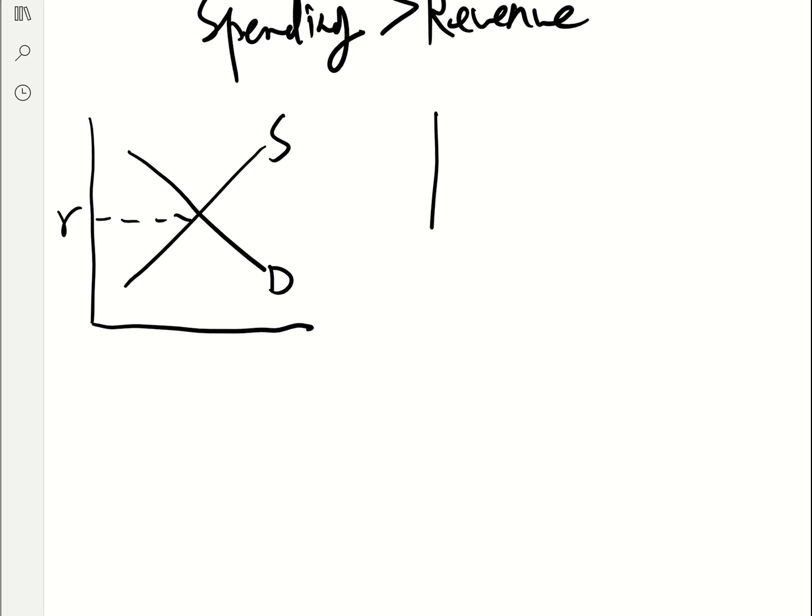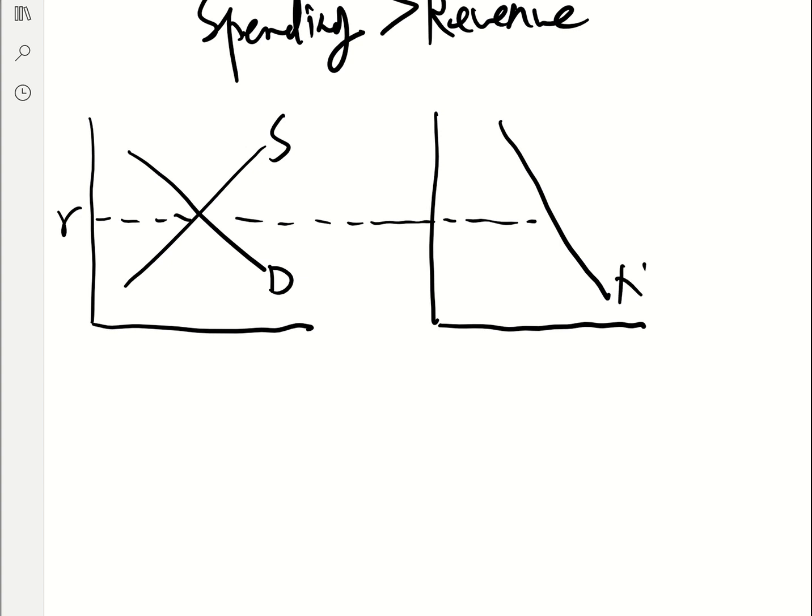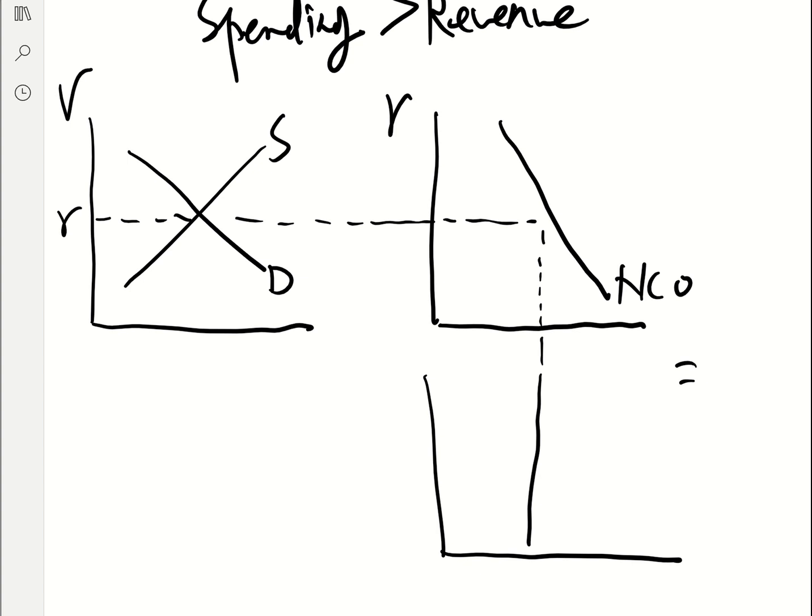And over here with the interest rate, we have our NCO. And then with the NCO, we'll have our Forex market. And this would be your net export, and this is the exchange rate. Let's call it star.